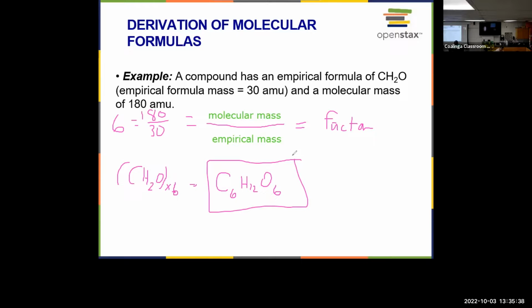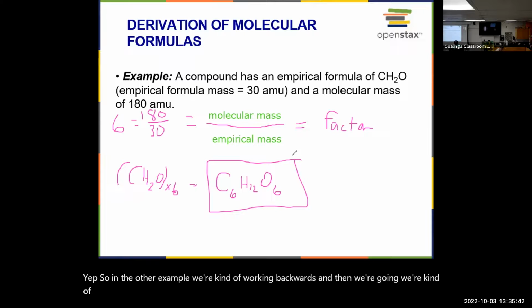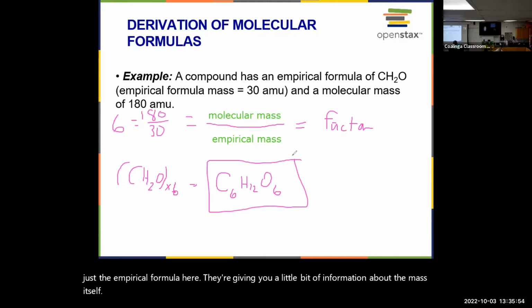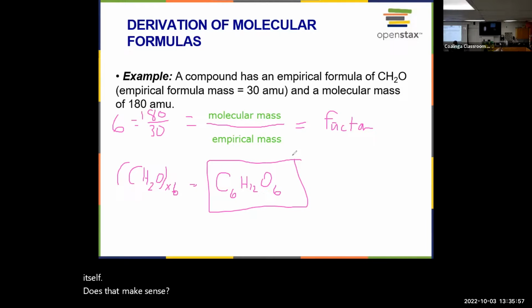Okay. From the other example, we were kind of working backwards, and this one we're kind of moving forward. In the case of the other examples, you're determining just the empirical formula. Here, they're giving you a little bit of information about the mass itself. Does that make sense? When you wrote factor, it made a lot of sense, honestly.